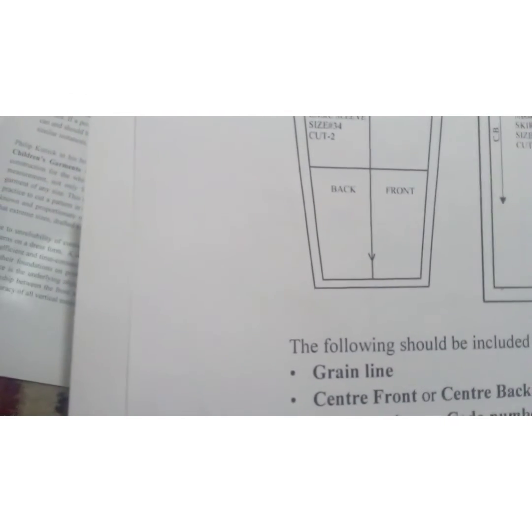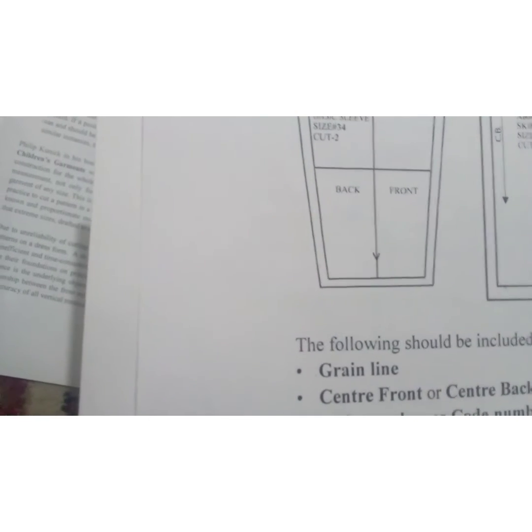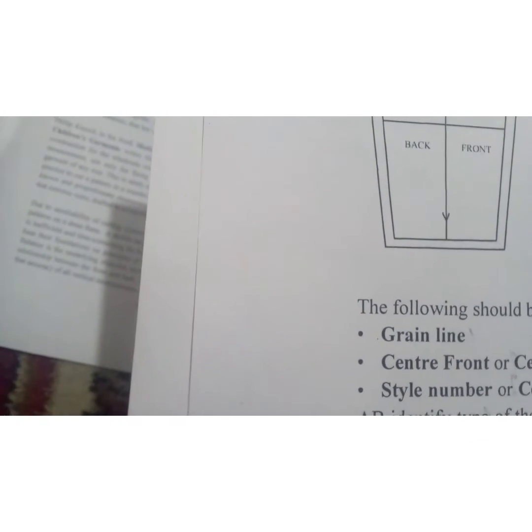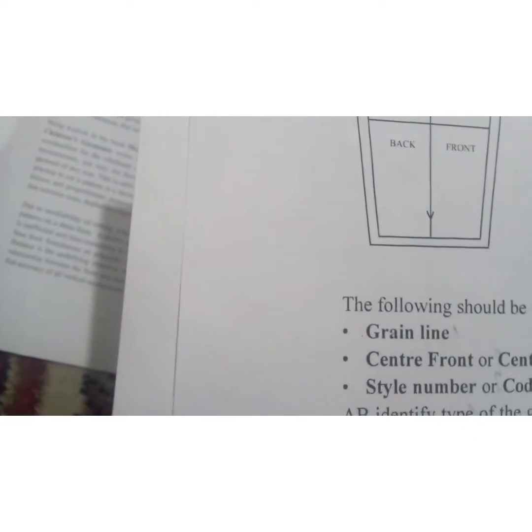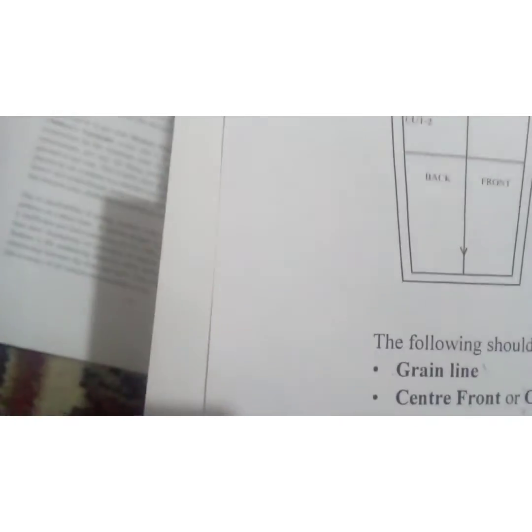This is center back. Style number or code number. So what should be included on the patterns? Grain line, center front or center back, style number or code number. For example, the style number, you have to put something like AB 01, where AB identifies the type. So style number and code number.